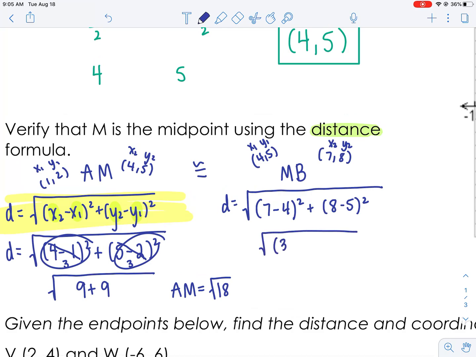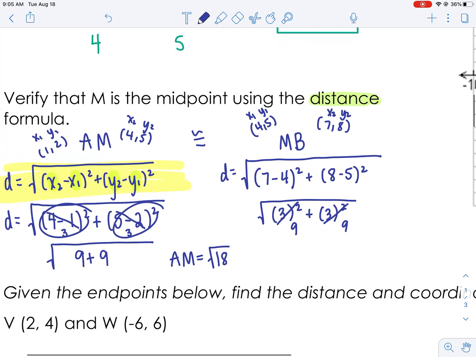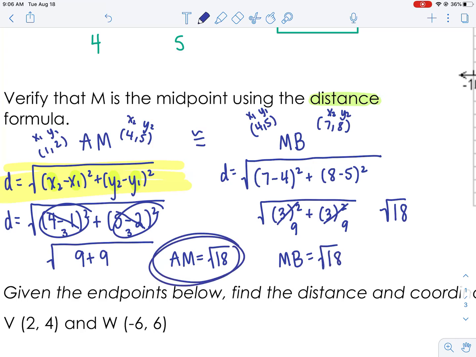So 7 minus 4 is 3, so I have 3 squared plus 8 minus 5 is 3 squared. Remember, 3 squared is just 9, plus 3 squared is also 9. Just ask yourself, squared means 3 times itself. 3 times 3 is 9. So the distance from M to B, square root of 9 plus 9, would just be the square root of 18. So the distance from M to B was also the square root of 18.